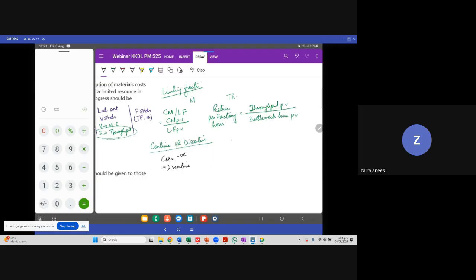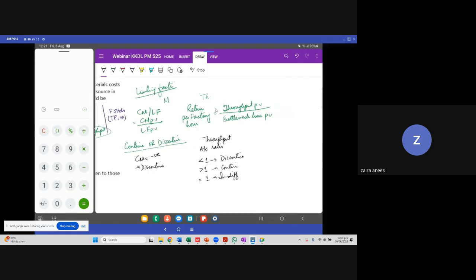In throughput costing, we say that if the throughput accounting ratio is less than 1, then we should discontinue. If the throughput accounting ratio is greater than 1, we should continue. And if it equals 1, we are indifferent. Indifferent means it's up to you. If you want to continue, you may; if you want to discontinue, you may. There will be no benefit of continuing with that product.